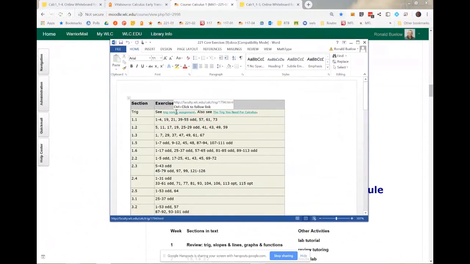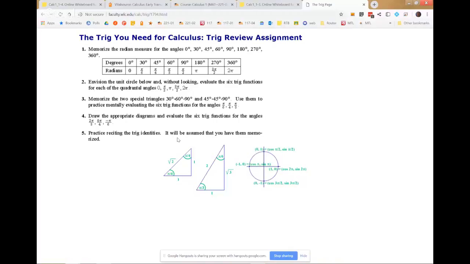If you control and click on that, it'll open a WLC website. That looks like this, and it starts going through some of the same things we went through today. So those links could be helpful to you. Go into the core exercises; there are 2 links in there.